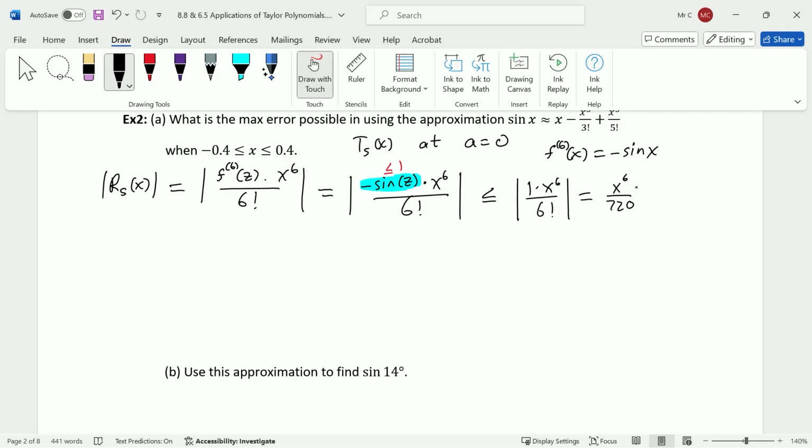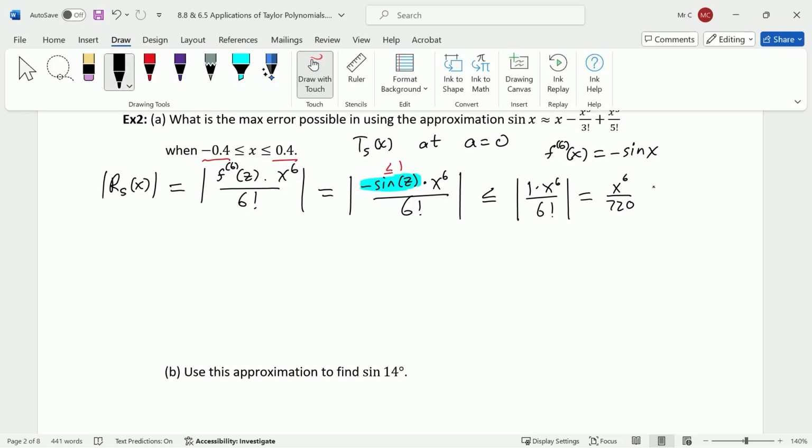And the worst case scenario here is going to correspond to the biggest value for x to the 6th. So I want to point out here, since x to the 6th is an even power, it actually doesn't matter if you plug in negative 0.4 or 0.4 in this case, because the magnitude is going to be the same. When I raise it to the 6th power, I'm going to get the positive value in both cases.